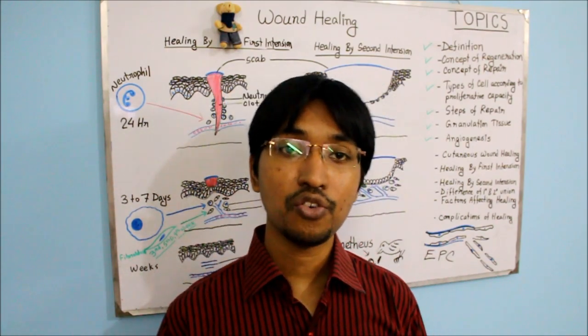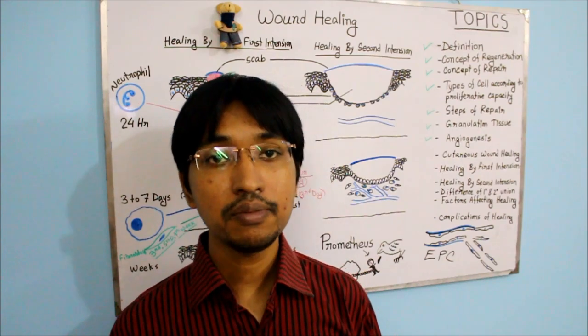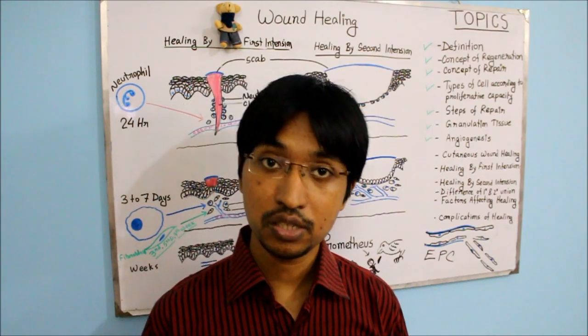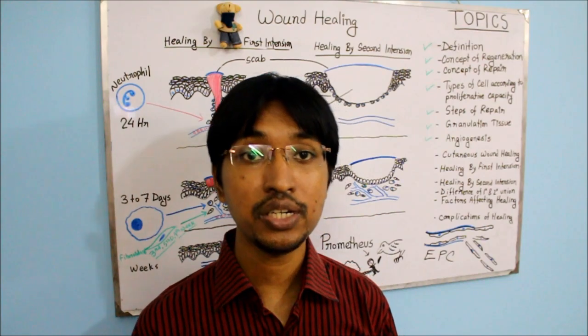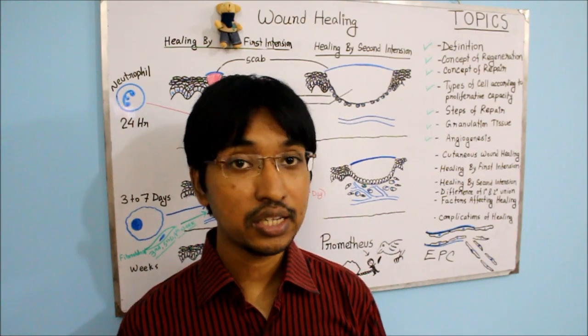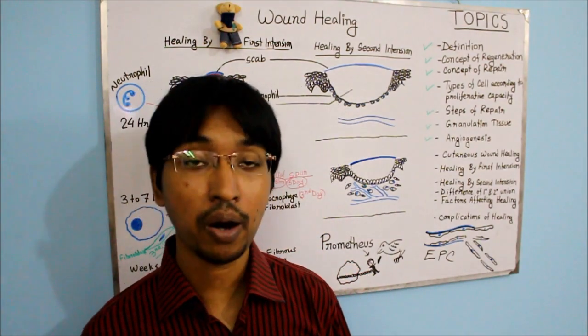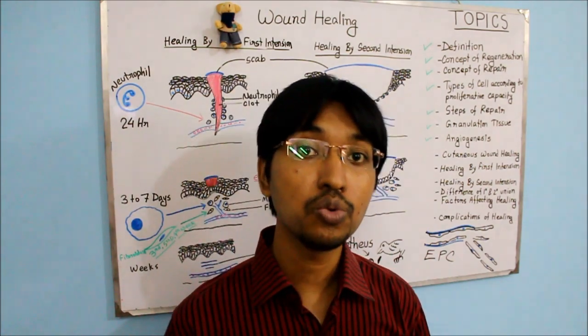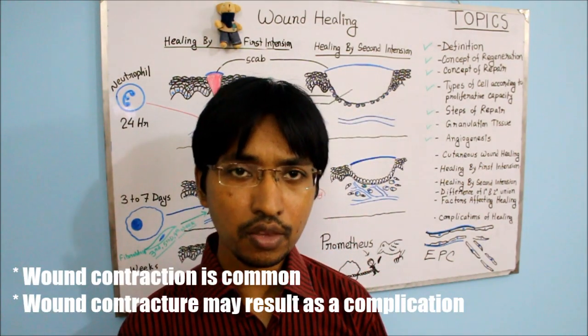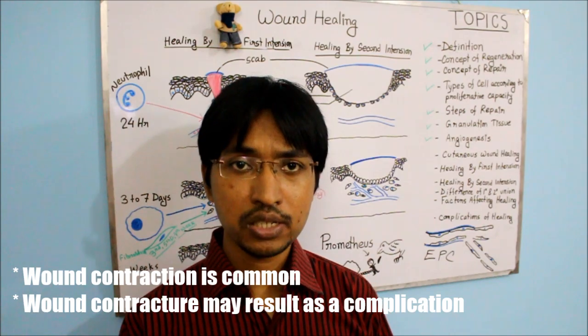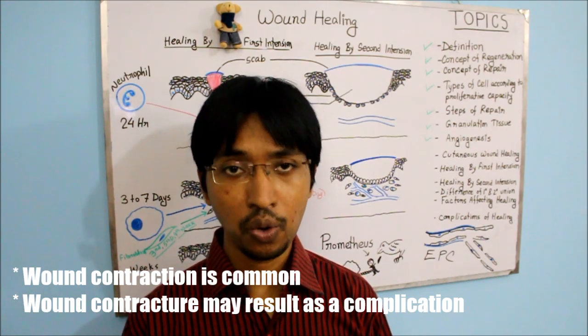And during the phase of maturation, there will be extracellular matrix deposition, tissue remodeling, and also in case of healing by second intention particularly, there will be wound contracture. So we will talk about these things in more detail after a while.